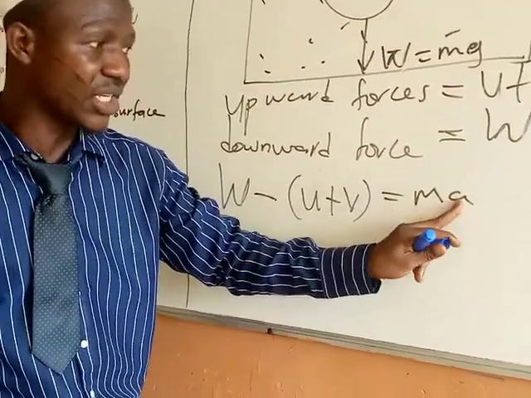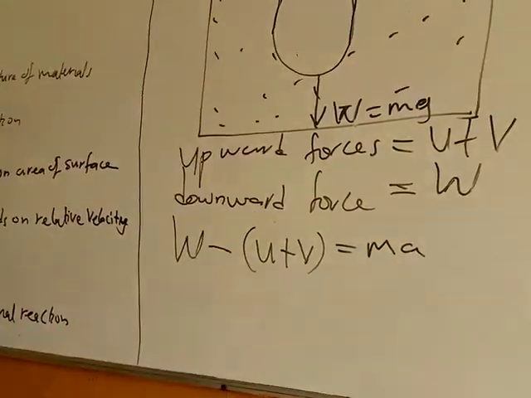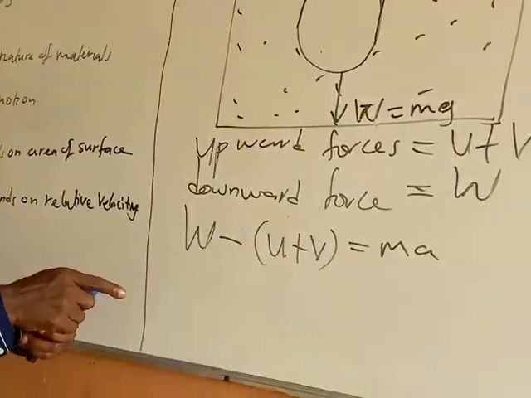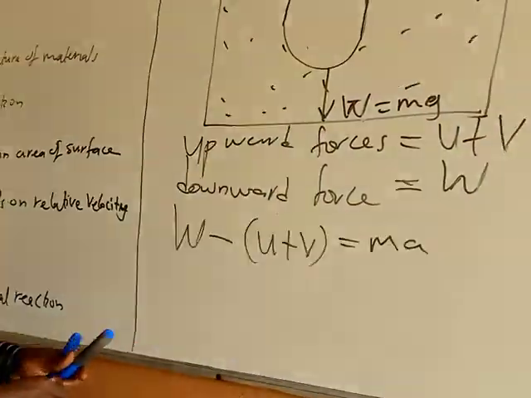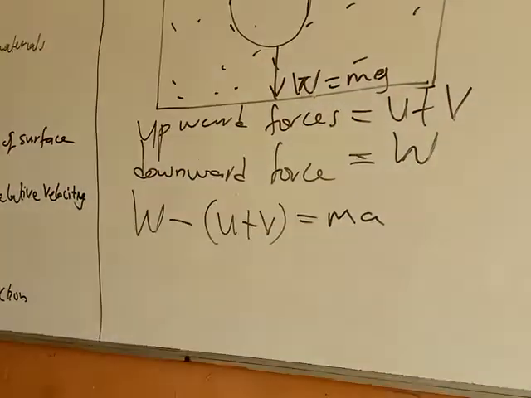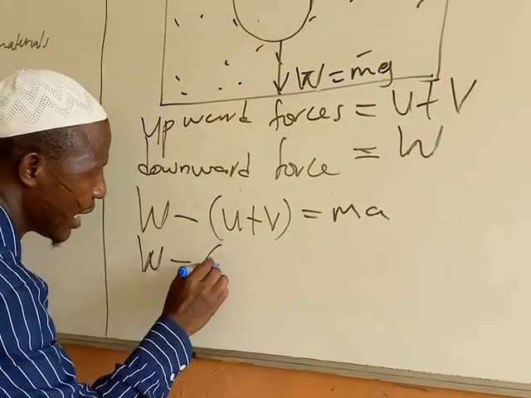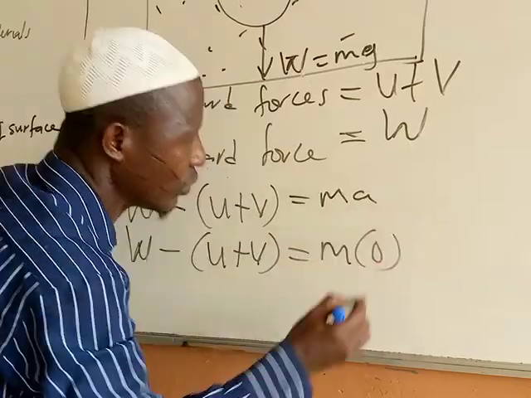Don't forget, this acceleration is linear, while g is the acceleration due to gravity. Now, when the body is moving downward, it will get to a stage where the body moves with constant velocity. In that case, acceleration becomes 0. Therefore, we have W minus (U plus V) equal to m times 0.